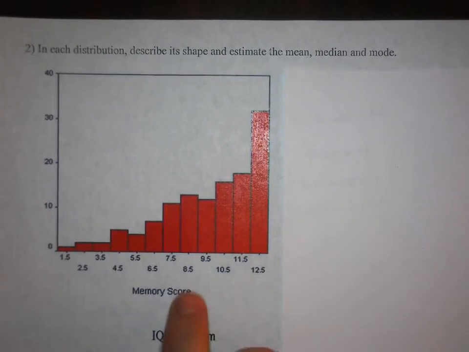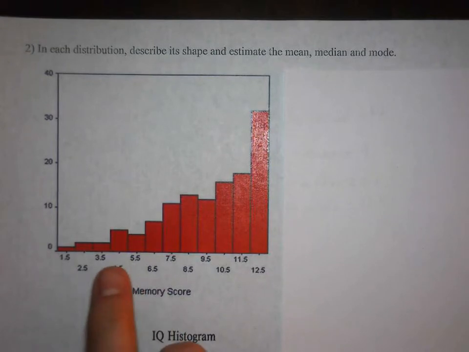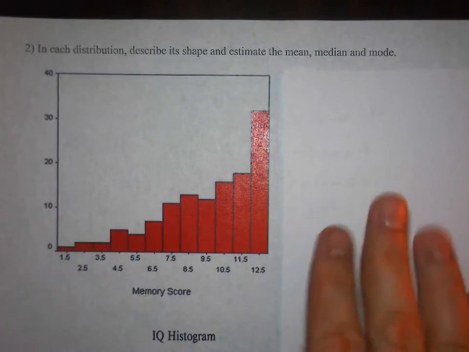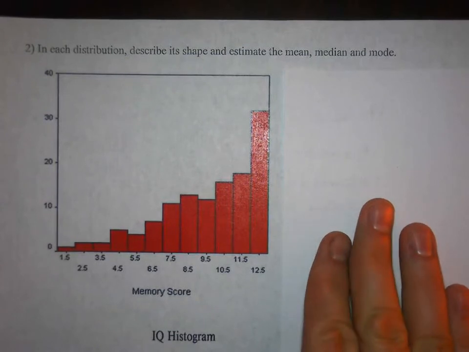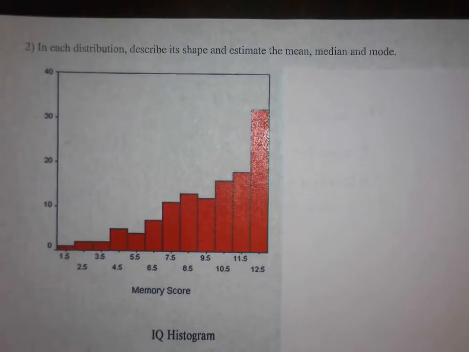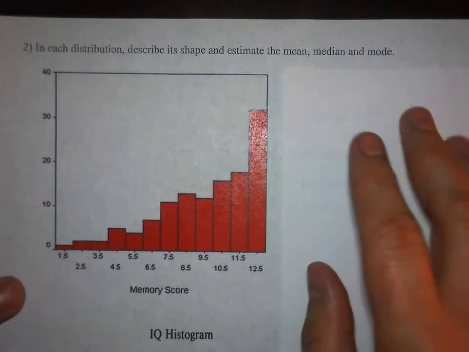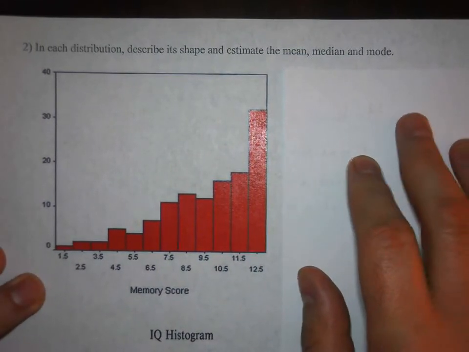I'll give you a minute to think about which of the 4 basic shapes it is, and then where you would expect to find the mean, median, and mode. I'm going to put the answers up just so this doesn't run for 20 minutes. Your answers may be a little bit different than mine, but they shouldn't be too different. If you need to pause the video, go ahead. And I'm going to put the answers up.